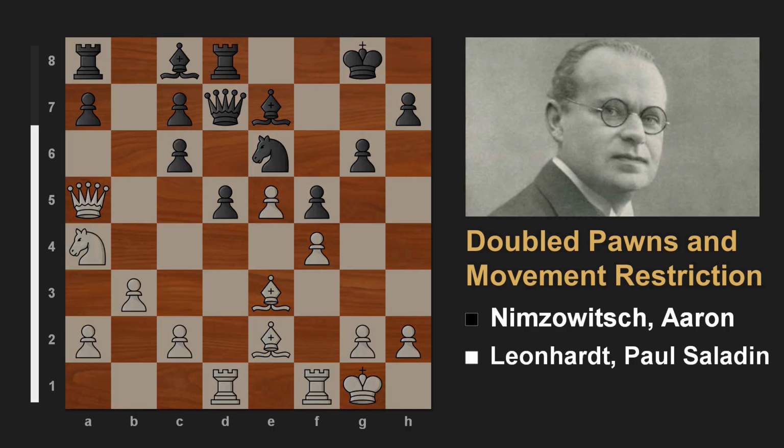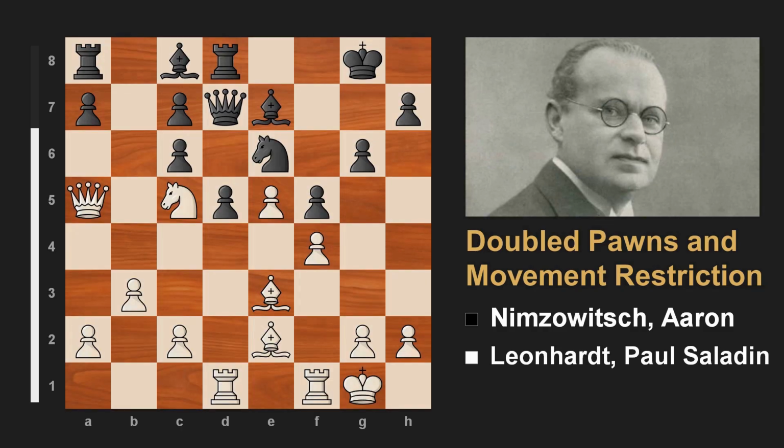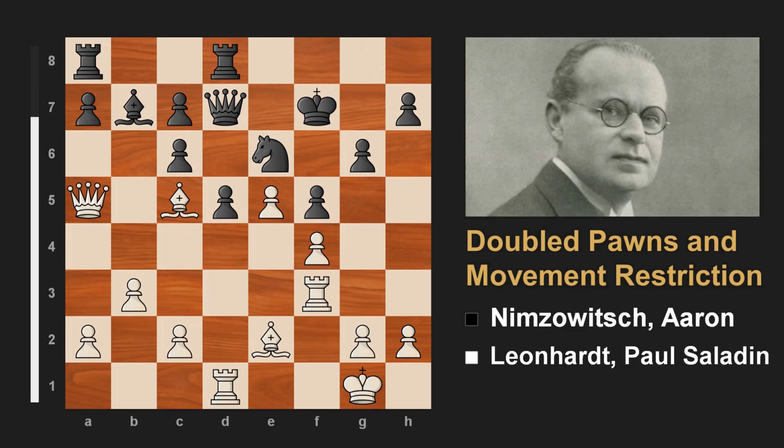It was right. Bishop c5. Bishop takes c5. Bishop takes c5. Bishop b7, rook f3, king f7, rook h3, king g7, rook f1, rook e8, rook hf3, rook a8, rook d1.